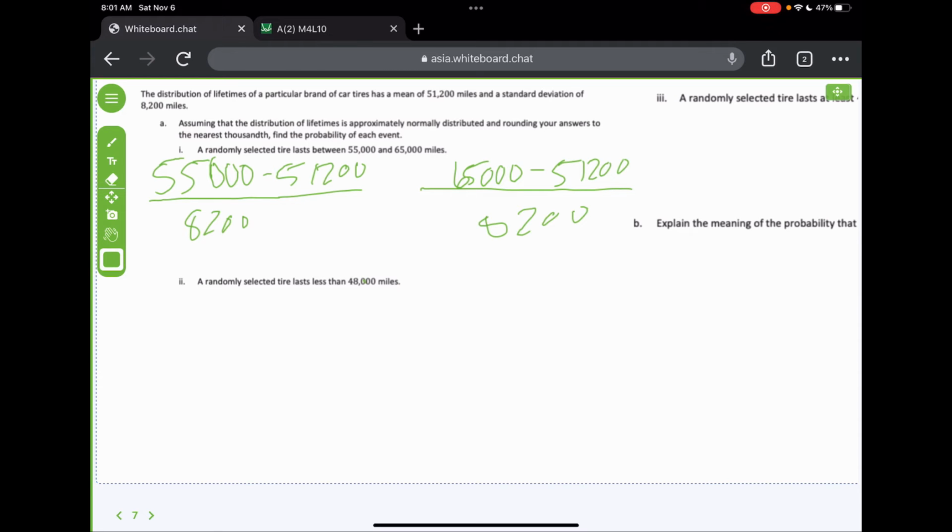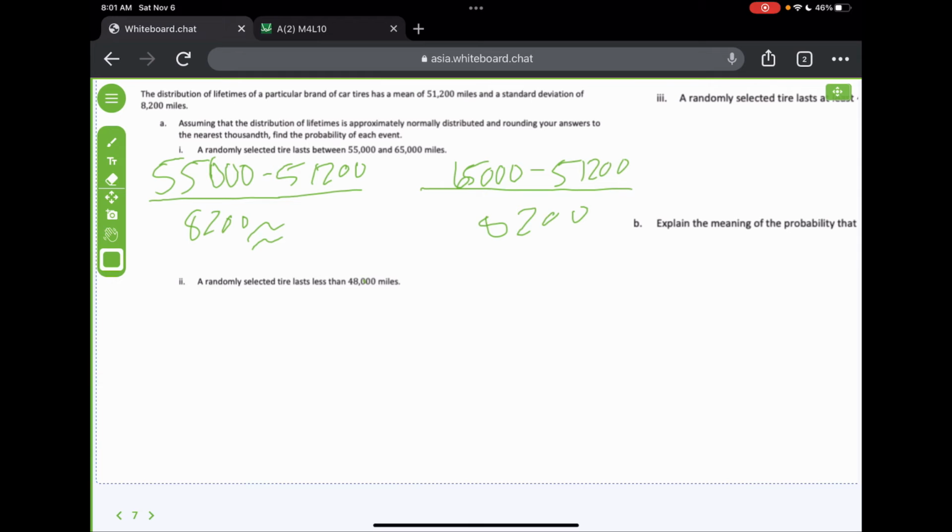Now, whenever you do that, you're going to get how far away it is from the mean. Now, that's not the probability, that's just how far away it is from the mean.